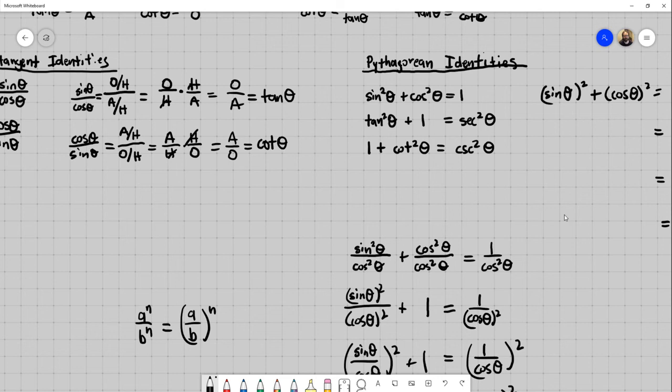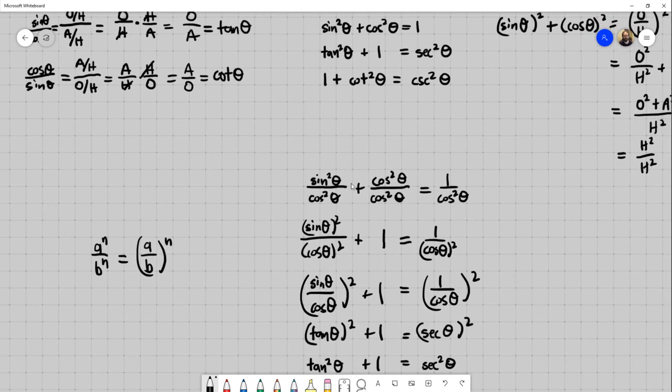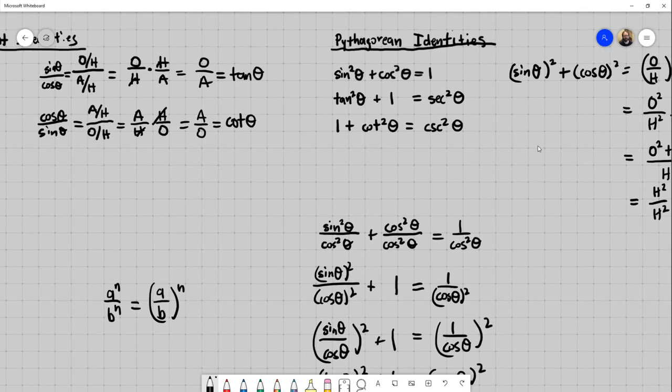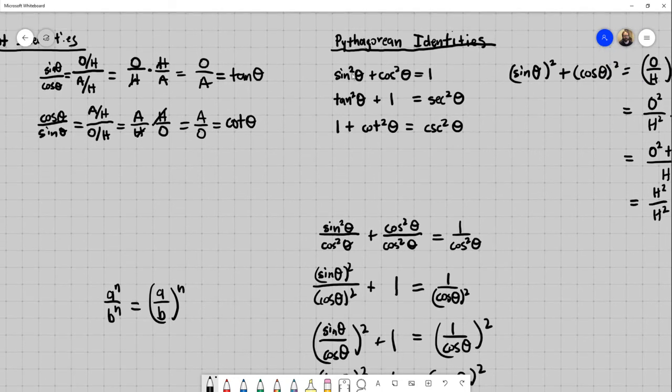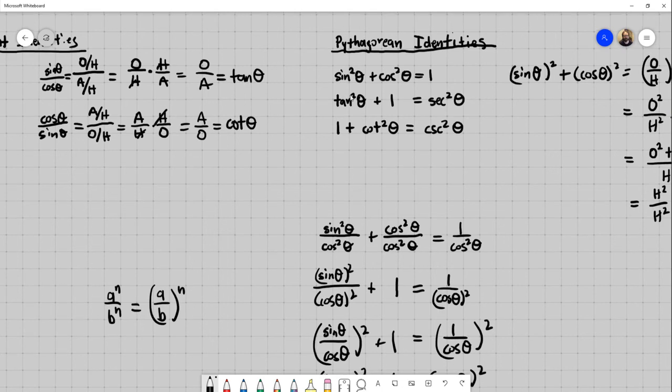For the third one, you could use a similar strategy. You take sine squared plus cosine squared equals 1 and, instead of dividing everything by cosine, you can divide by sine and see where that leads you. The Pythagorean theorem could also be used to prove or derive either of these two as well.